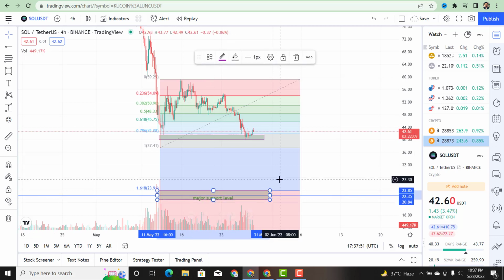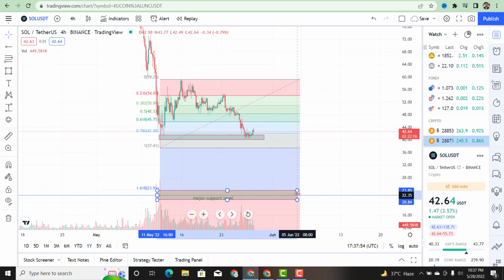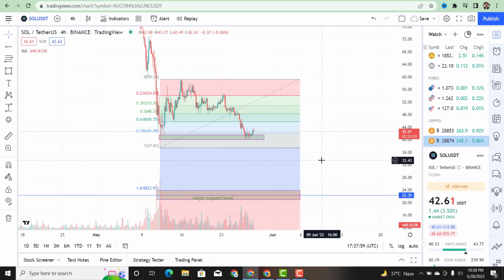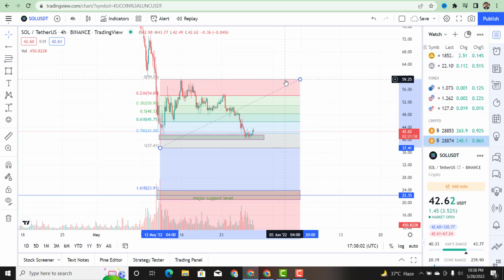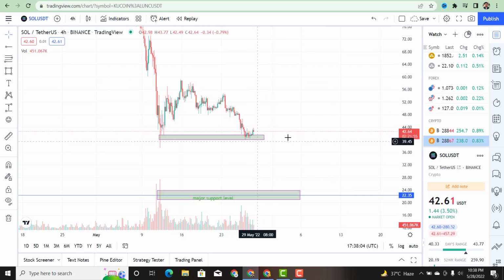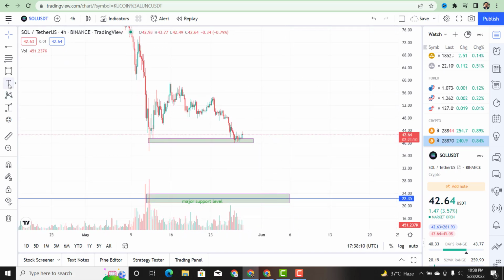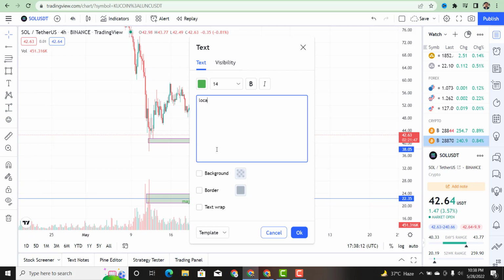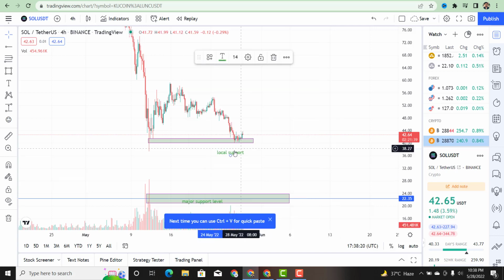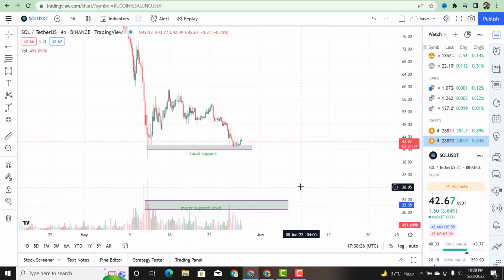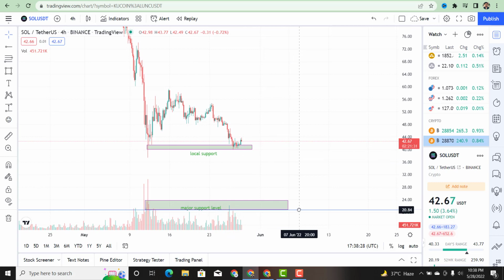And this exactly correlates with the 1.618 level of the Fibonacci retracement. Only in a case if Solana was to drop below this support level, say local support. So this is your local support for you guys. If you want to take an entry, you can do like 10% here. You can go for the remaining percentage at this place.